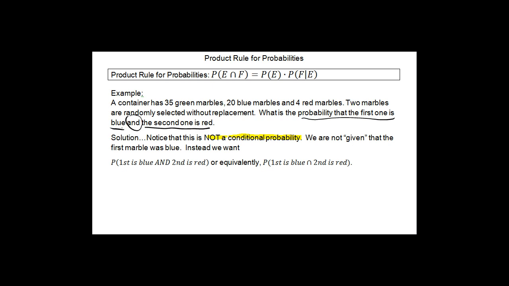Not the probability the first one is blue given that the second one is red. So we're not given a condition. We're not saying we already know the second one's red, or for that matter, that we know the probability the first one is blue. We don't know any of that. We want the probability of both of them happening. It's not conditional probability.